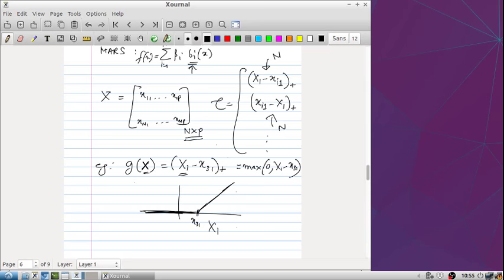So these are piecewise linear functions. Piecewise linear just means on this piece it's linear, it's exactly the zero line. On this side also it's a linear function. So it's a piecewise linear function.